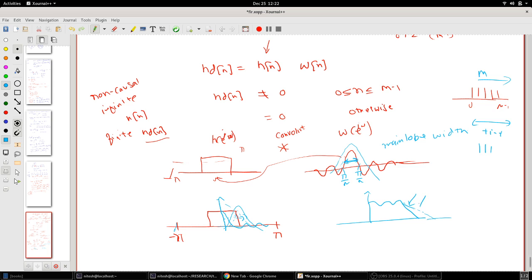So you will get a bigger transition band. So the slope is going to change based on the width of the main lobe of the window in the frequency domain.